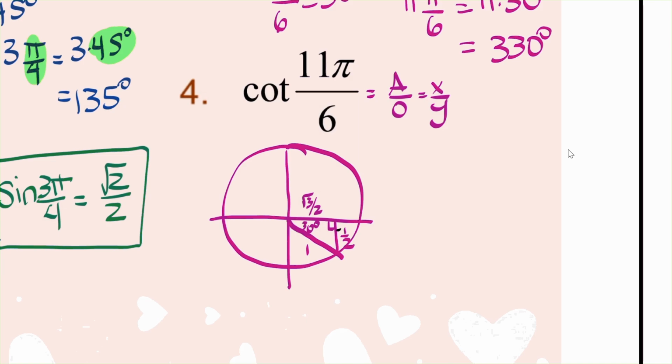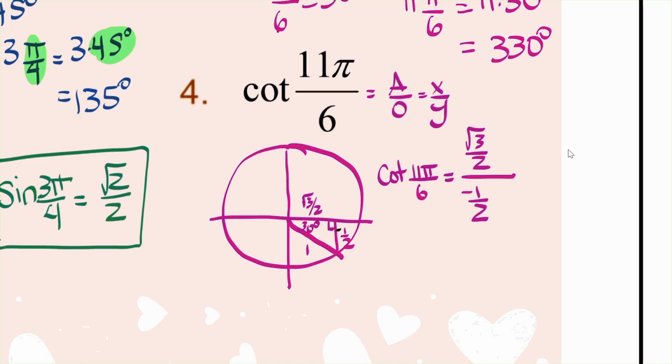So the cotan of 11 pi over 6 is going to be, when I look at adjacent, the adjacent side that isn't the hypotenuse is this one right here, that radical 3 over 2, over the opposite side, which is all the way across the angle to that side. That's that negative 1/2.